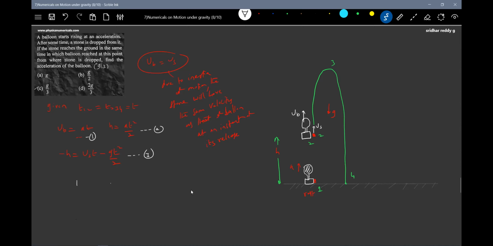Substituting 1, 2 in 3, h is equal to minus a t square by 2, US is equal to at, minus g t square by 2. So g t square by 2, moving this to LHS, g t square by 2 is equal to a t square plus a t square by 2.